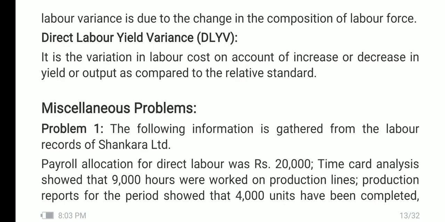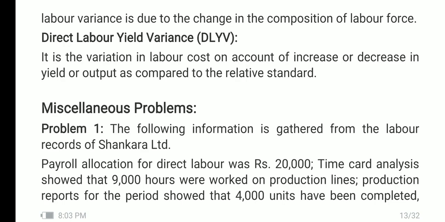Payroll allocation for direct labor was rupees 20,000. It is nothing but direct labor cost actually incurred. Time card analysis showed that 9,000 hours were worked on production lines. So, 9,000 hours gives us actual time taken.